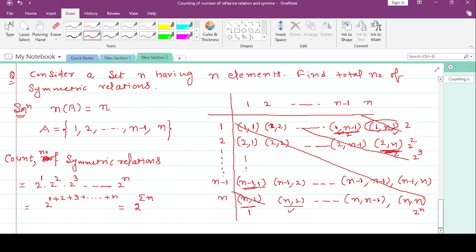This is the compact form of counting the total number of symmetric relations, but it can also be expressed like this: 2 raised to the power n into n plus 1 divided by 2. So remember this formula: the total number of symmetric relations is always equal to 2 raised to the power n into n plus 1 divided by 2.